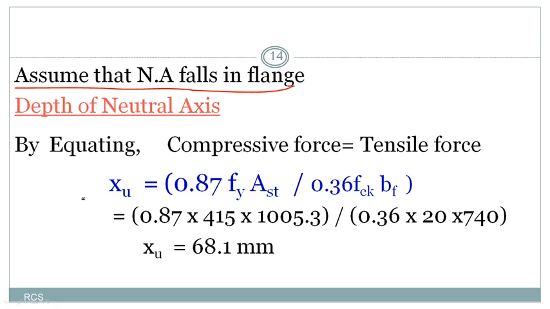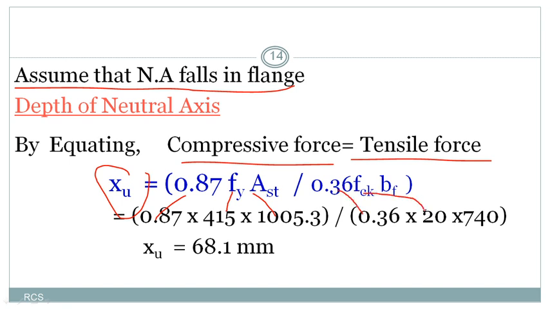Now, the depth of the neutral axis can be calculated by equating the total compressive force to the total tensile force. From this, we already derived the condition XU equals 0.87 Fy AST by 0.36 FCK into BF. Now just substitute the values. This is 0.87, Fy is the yield strength of steel, AST the area of tensile reinforcement, 0.36, FCK is 20, and BF, the effective width of the flange, is 740 mm.